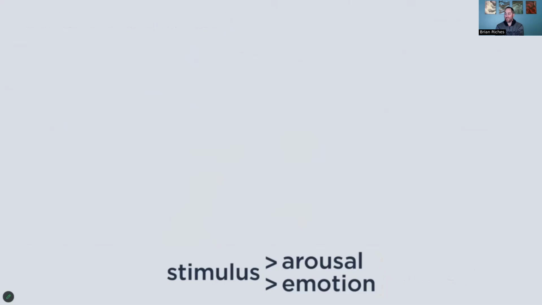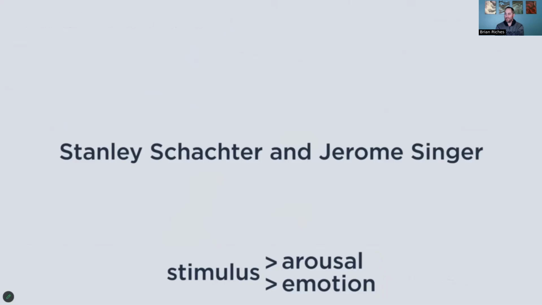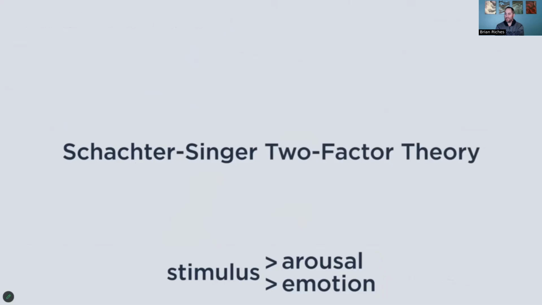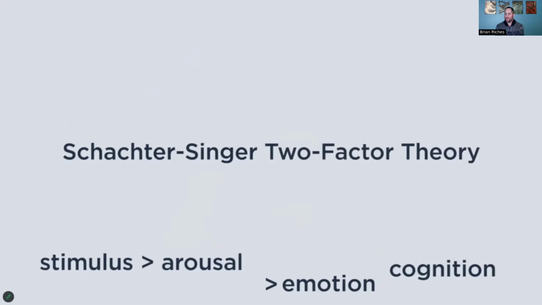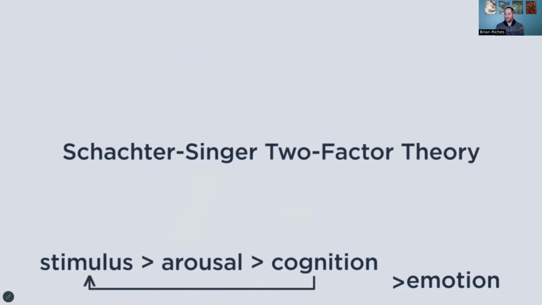One suggestion of how arousal and the experience of emotion may be connected but not causal was proposed in the 1960s by Stanley Schachter and Jerome Singer as the Schachter-Singer two-factor theory, which introduces the factor of cognition. The theory suggests that when a stimulus elicits some arousal, this arousal elicits some cognition, which interprets the source of the arousal, and then this interpretation elicits the experience of emotion.